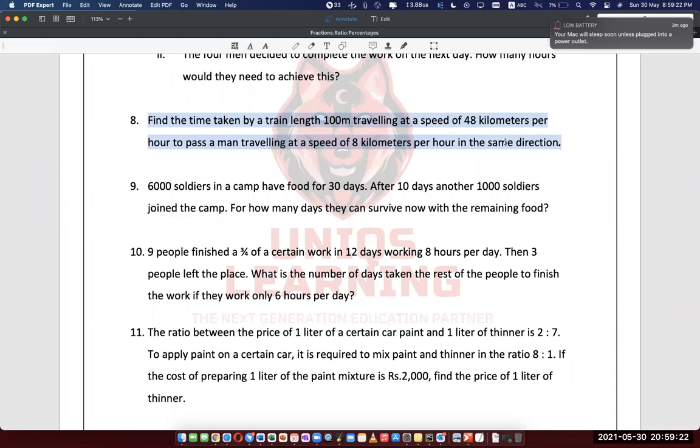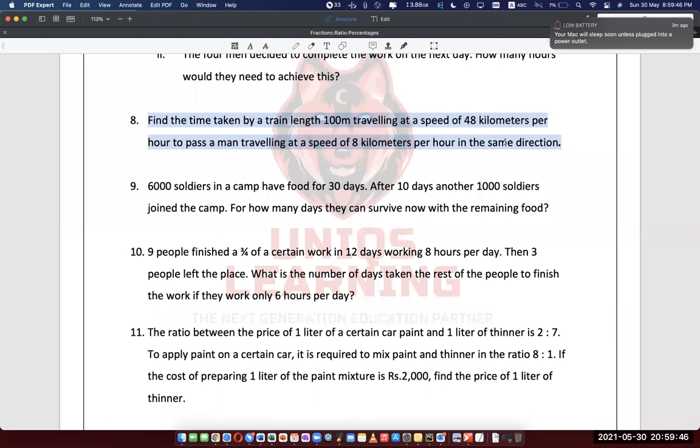When the train has already passed, what is the distance traveled by the man? So if the time taken is t, the distance traveled by the man is going to be 8t.